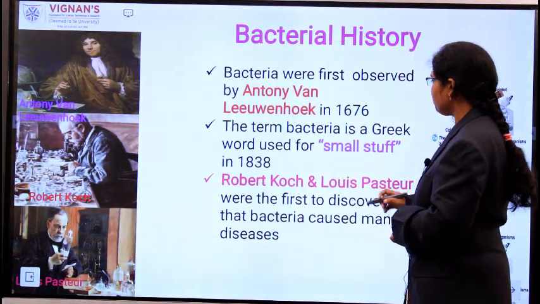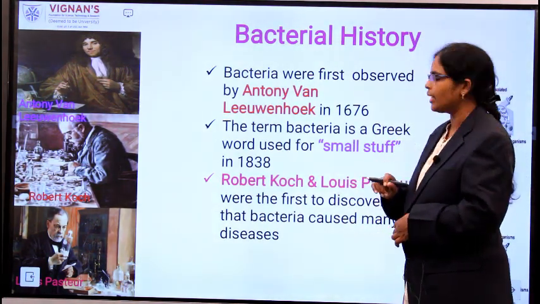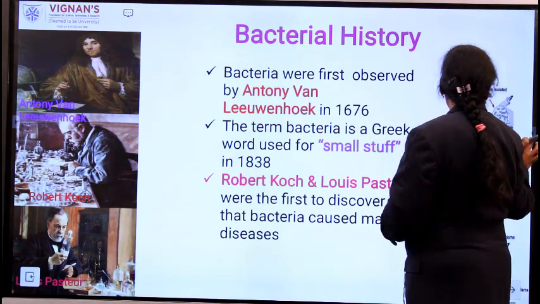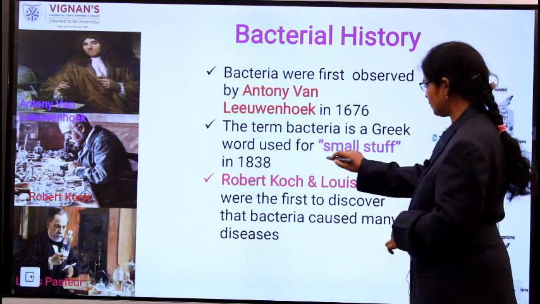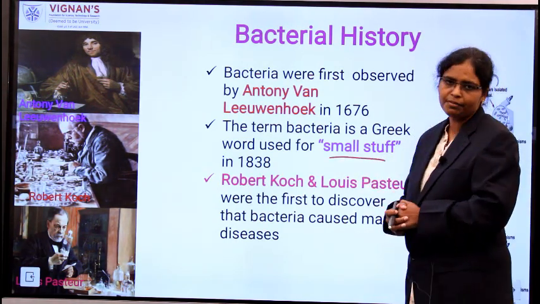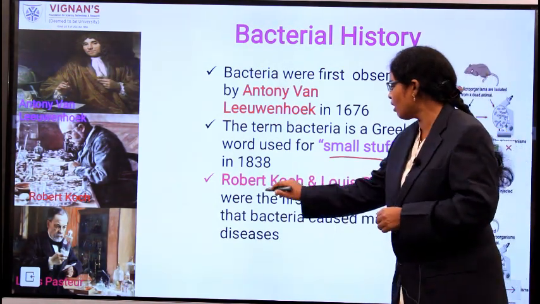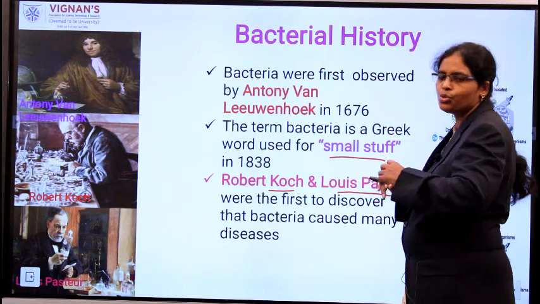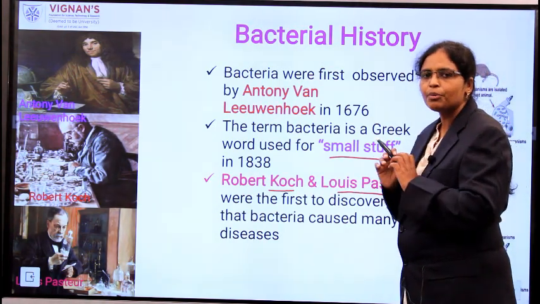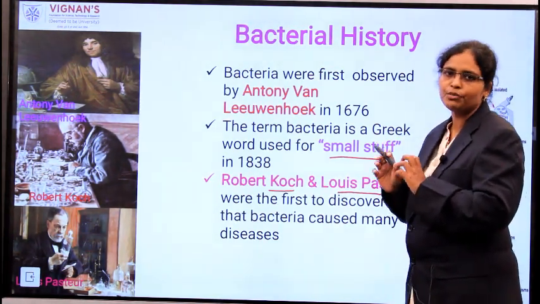Next, bacteria is a Greek word. It is nothing but small stuff. Later, in the golden age of microbiology, Robert Koch and Louis Pasteur, these two scientists, contributed a lot to the microbiology field.